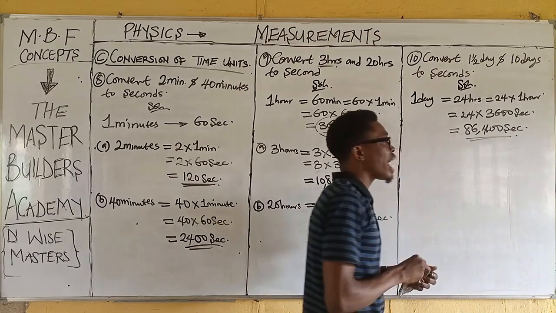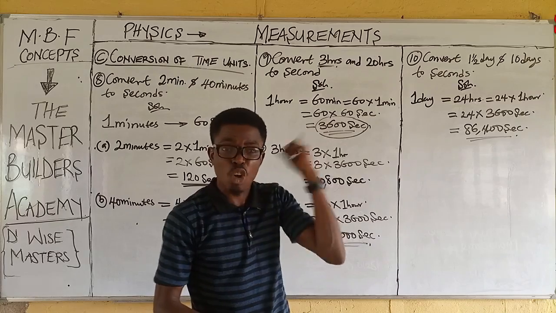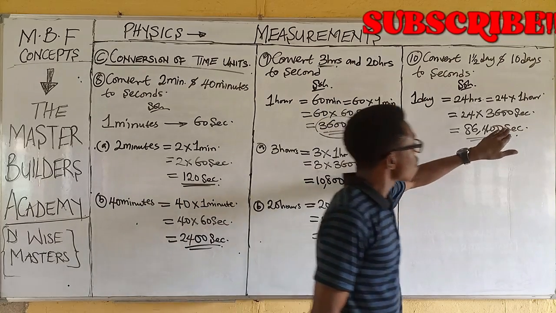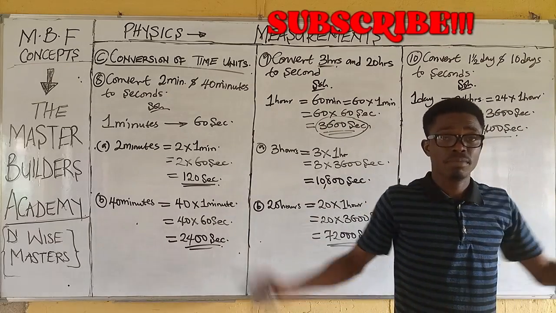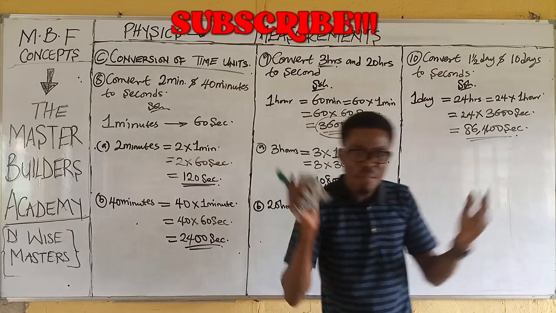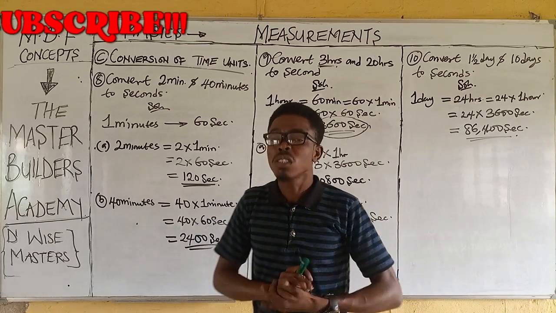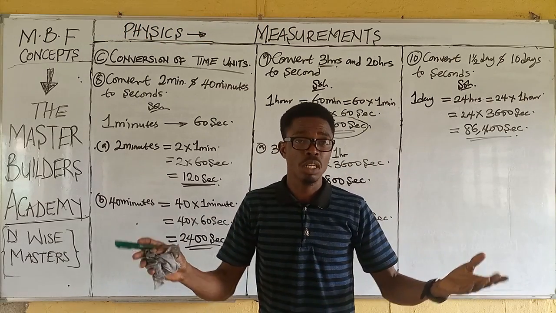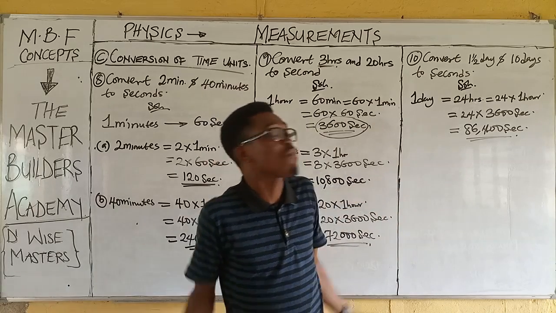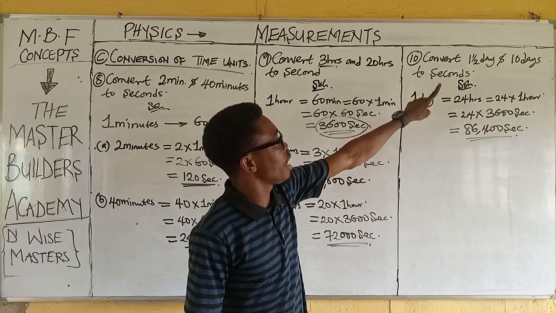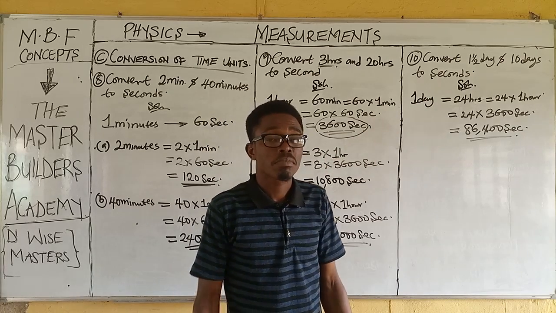That is to say, a whole day, one complete day is 86,400 seconds equivalent. So 1 day is equivalent to what? 86,400 seconds. Hope this is understood. Now, if this is understood, therefore, all I just need to do now is I can convert 1 day to seconds.